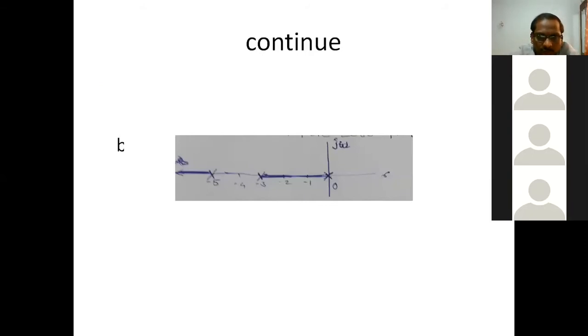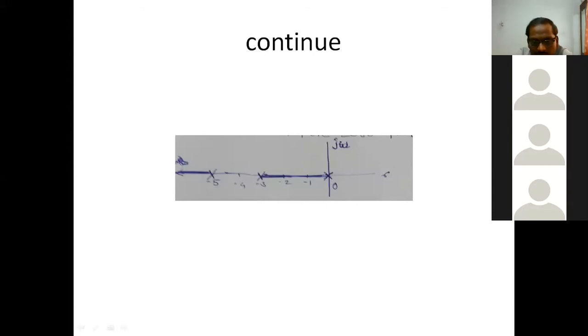As per that rule, for checking the existence of any point on root locus, we need to check the summation of poles and zeros to the right side of the point under consideration. If the sum of poles and zeros to the right side of a point is odd, then that point will lie on root locus.